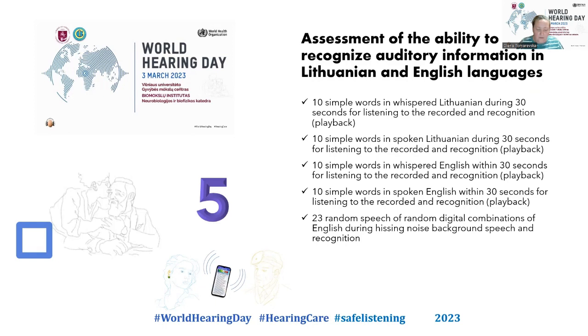Here, 23 random combinations of spoken numbers in English are offered during the analysis, and then the recognition score is automatically calculated. Thus, if a person has completed all 5 tasks, he received 5 points.